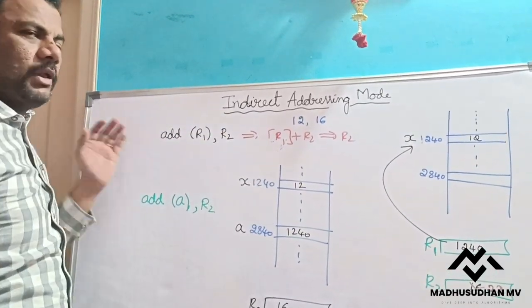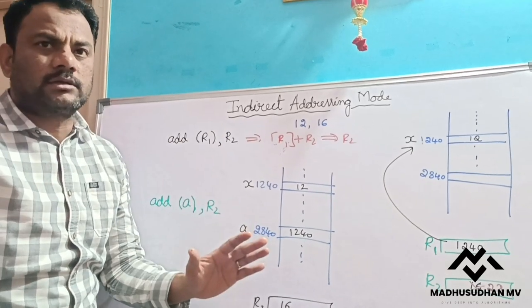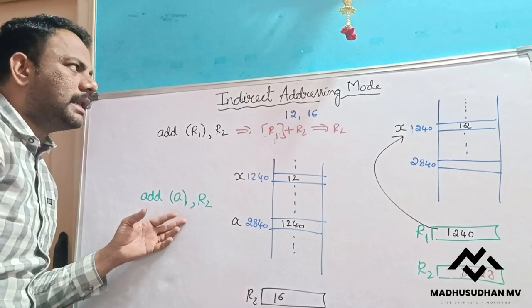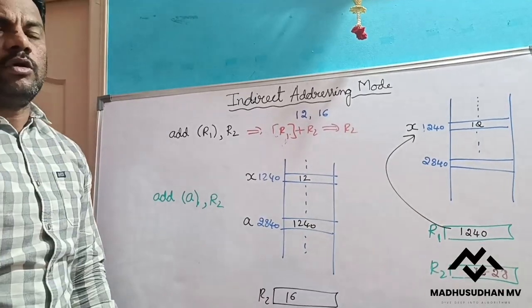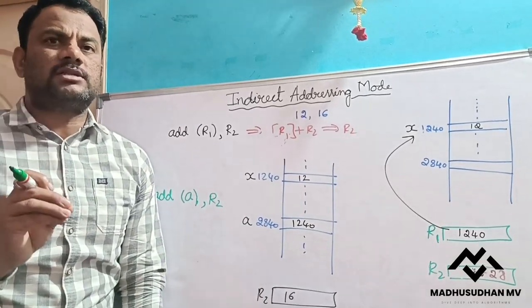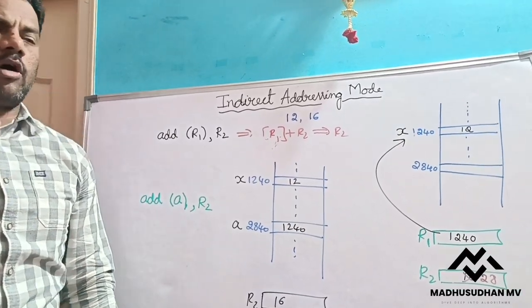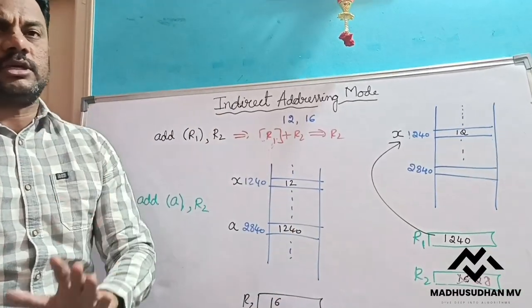Same. That means whenever you are using the pointers concept in any programming language, you are using indirect addressing mode only. When we are dealing with constants, we are using immediate addressing mode. When we are dealing with all the operands as registers, this is called register addressing mode.